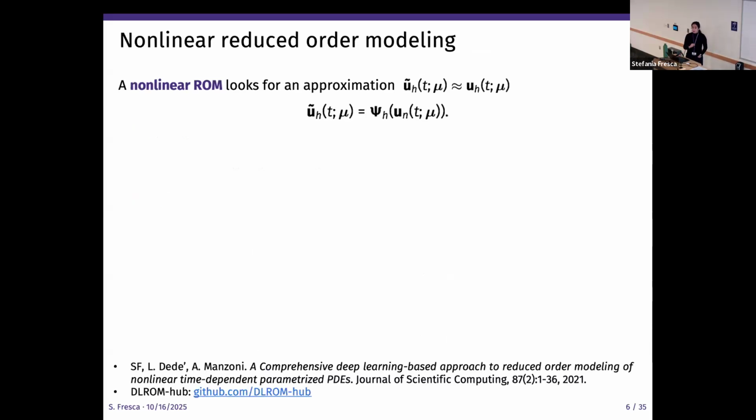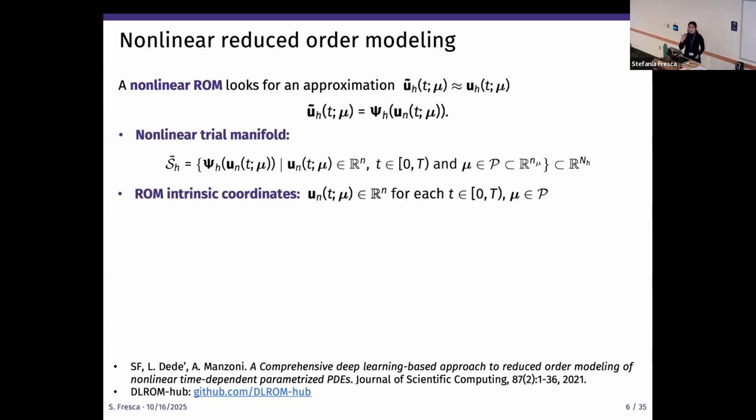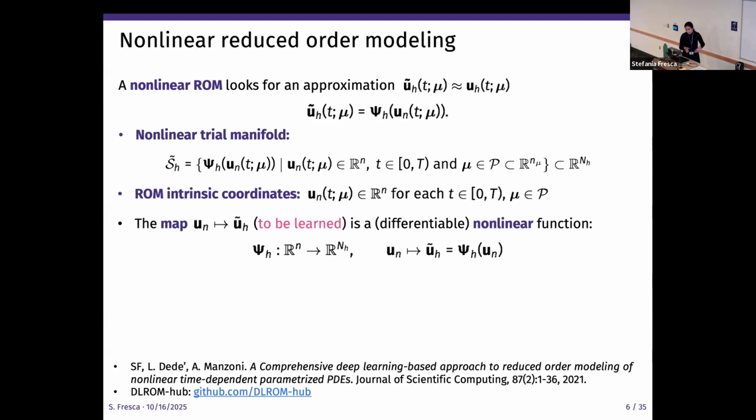A nonlinear ROM instead looks for an approximation of the full-order solution defined in terms of a nonlinear function. This nonlinear function defines the nonlinear trial manifold, and obviously, the function mapping the low-dimensional intrinsic coordinates to the high-dimensional ROM approximation is nonlinear.